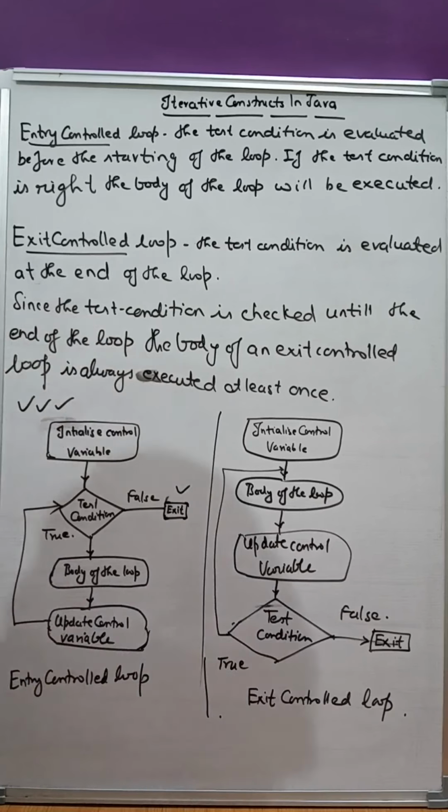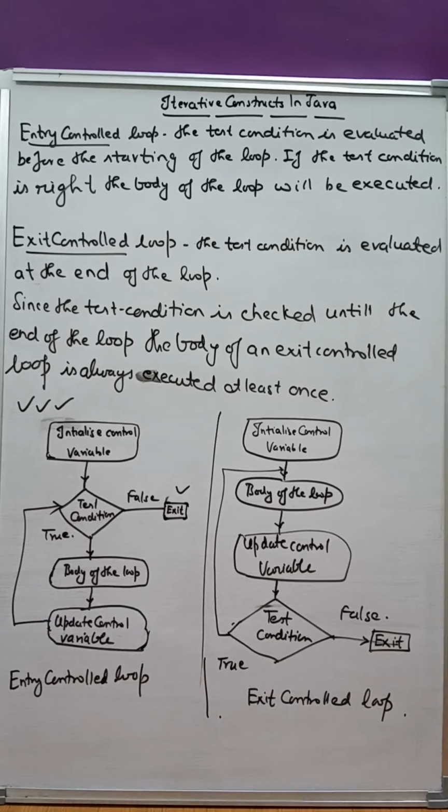In this way the process goes on for the entry control loop. So in general, a loop in which the test condition is checked at the entry of the loop is known as the entry control loop.